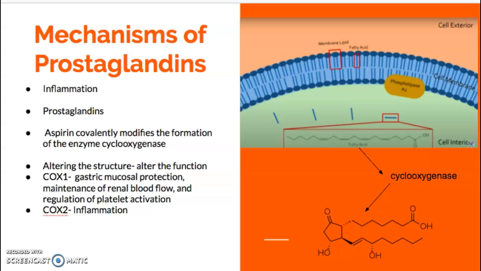COX-2, a lot like platelets, is activated when an injury is detected. We will get into a little more about how altering this enzyme, cyclooxygenase, will affect the formation of these prostaglandins.